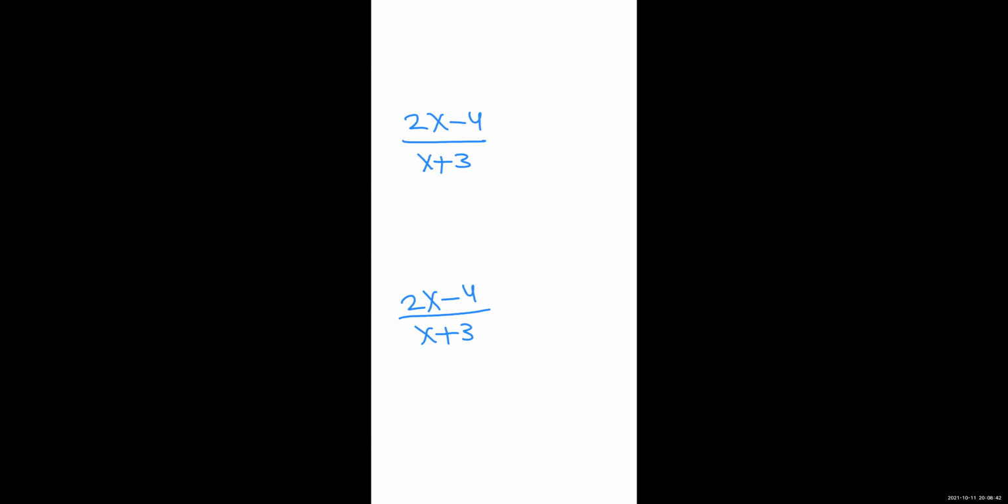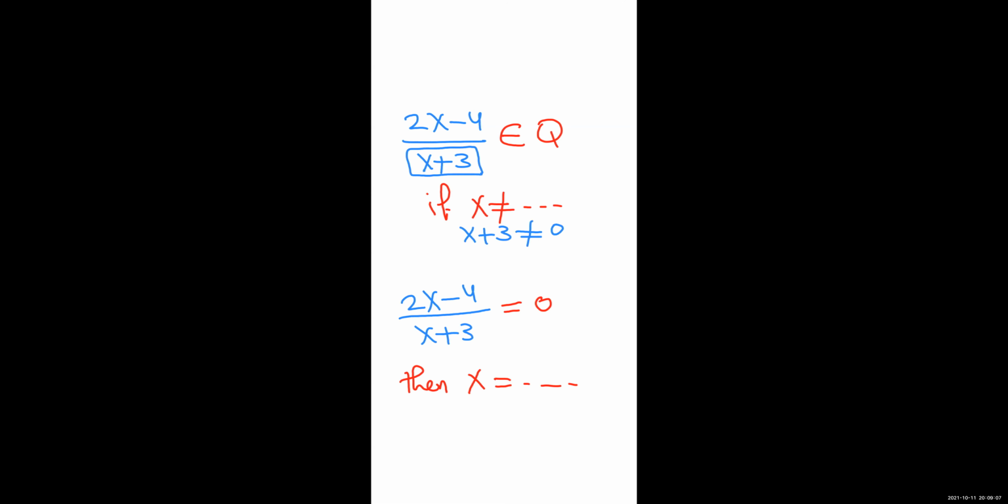In the first case, this number belongs to Q, so x is not equal. In the second case, this number equals 0, then x equals. In the first question, x not equal means the denominator will not equal 0. So x plus 3 not equal 0.